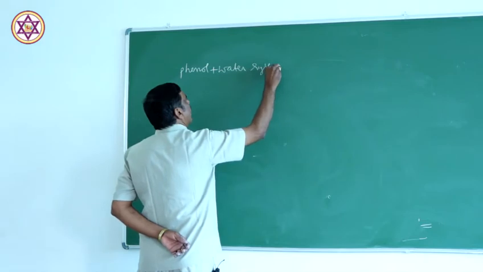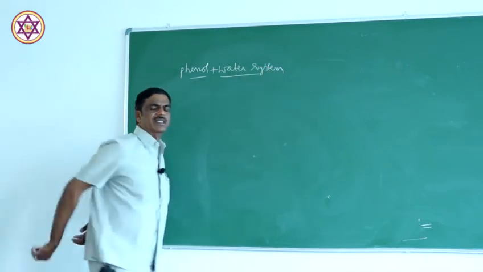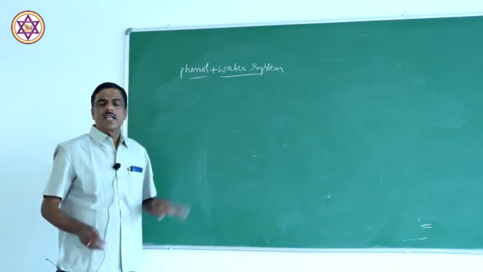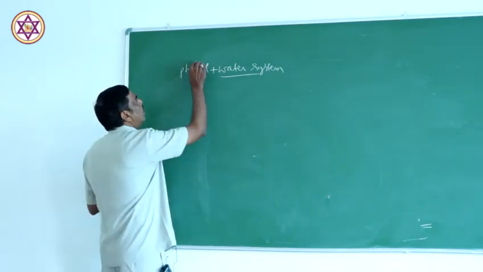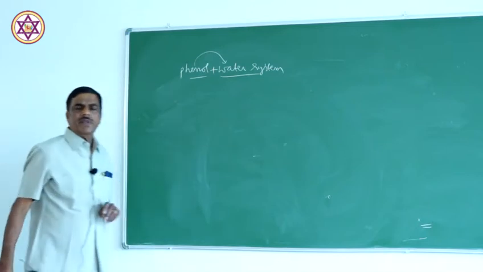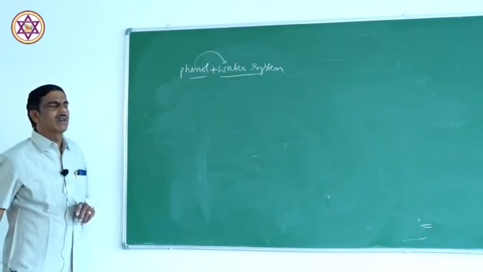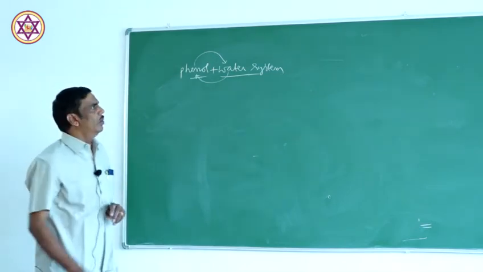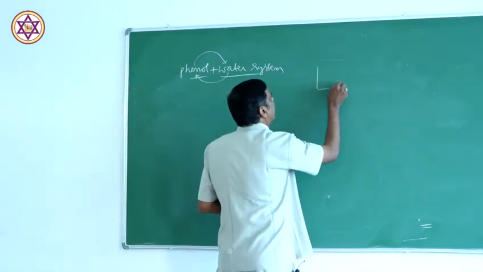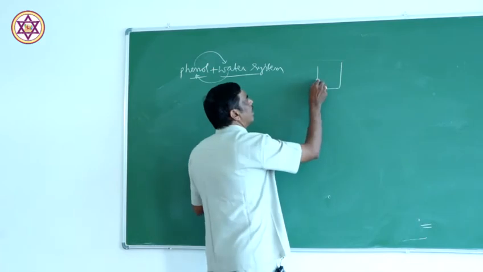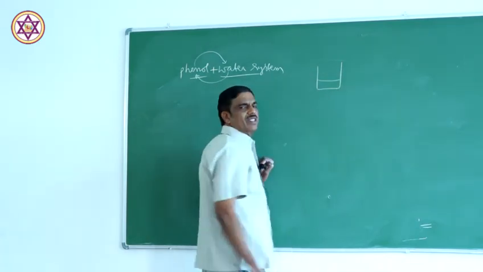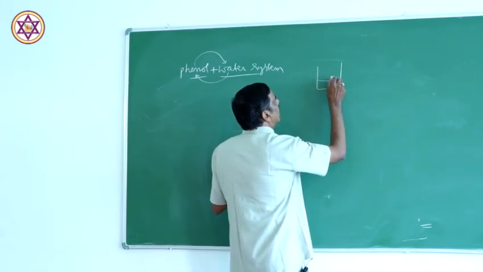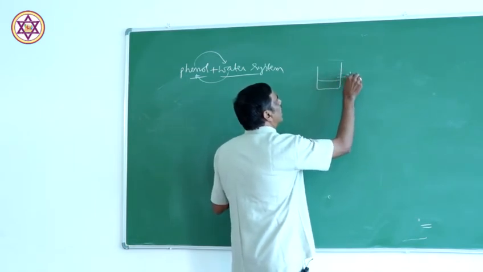What is this phenol water system? What happens here? If you mix equal volumes of phenol and water, a small amount of phenol is soluble in water, about 4% of phenol. A small amount of water is soluble in phenol. Now, if you take this mixture in a beaker, what happens? You will see two layers, one a water layer and another a phenol layer.